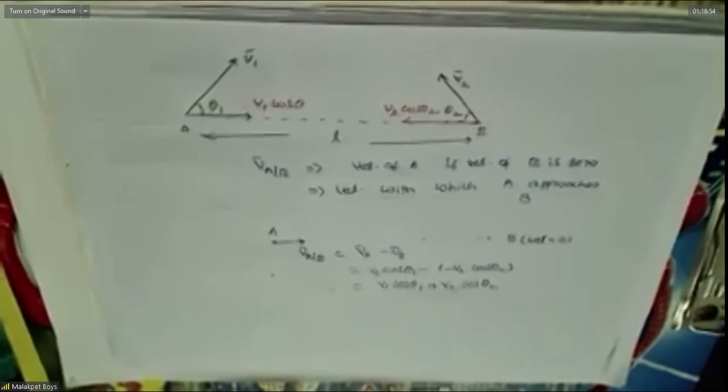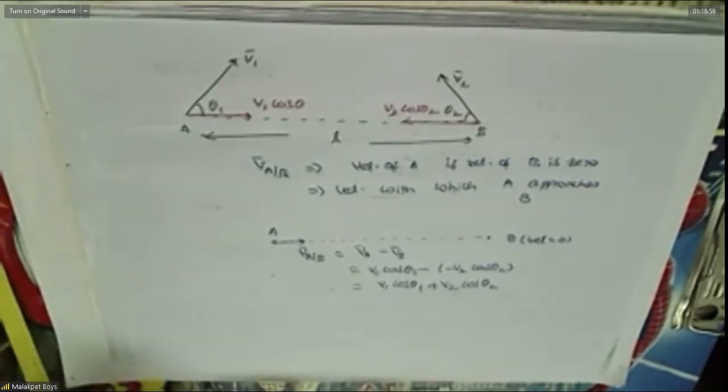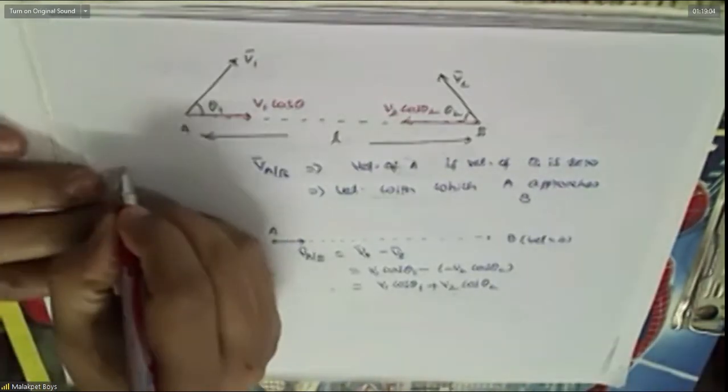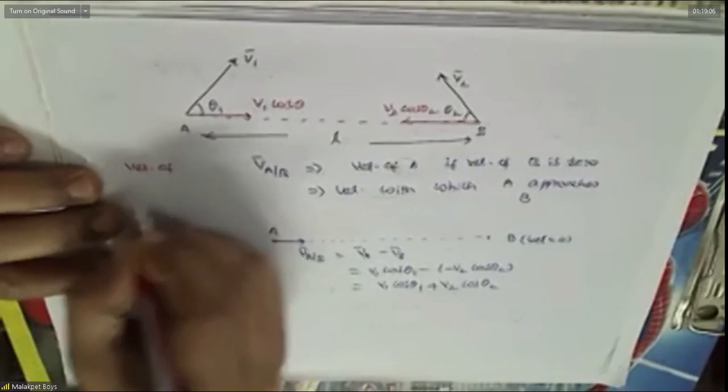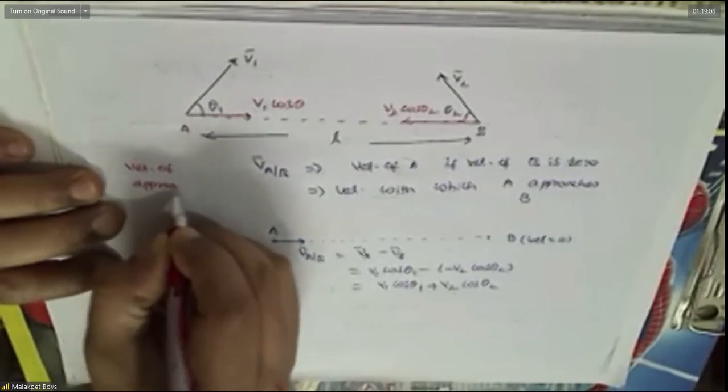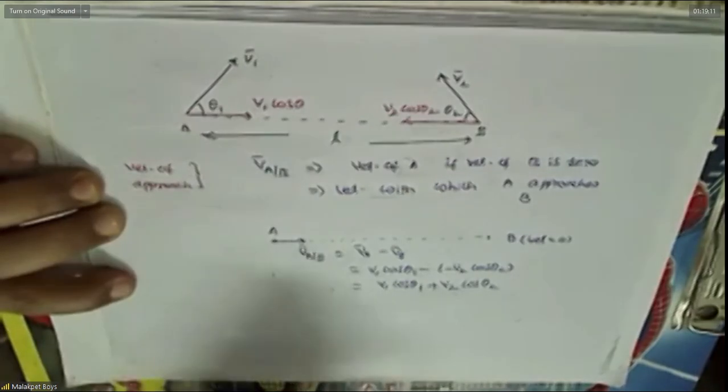So what is the velocity with which it approaches? Follow this? So this is what we call velocity of approach. See, when A approaches B, what will happen?